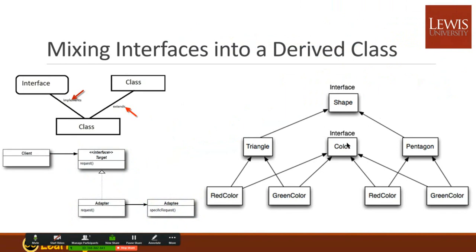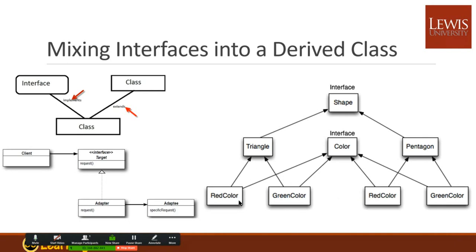So here we have shape, and that is inherited by triangle and pentagon. And then there's an interface called color, which is inherited by these different colors. The pentagon and triangle inherit different geometry objects, and also the green color and red color objects implement the interface.